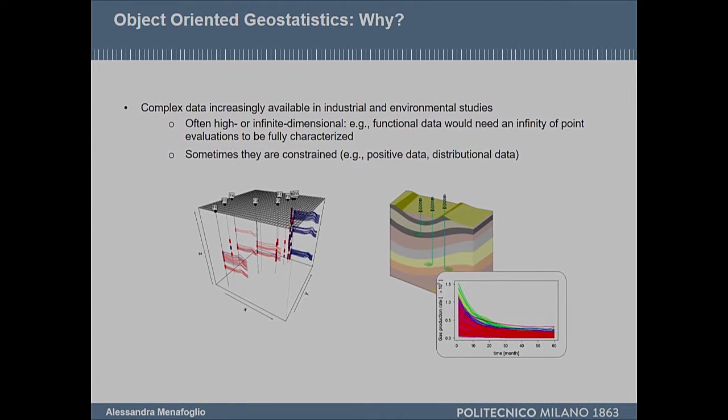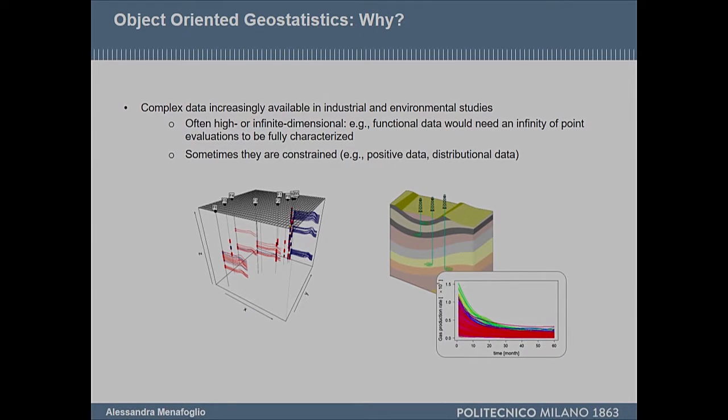But before going on with the methods, why should we use object-oriented geostatistics instead of classical methods? Now, complex data are increasingly available in industrial and engineering case studies. So often the data are high or infinite dimensional. Infinite dimensional data are found every time we measure a function.